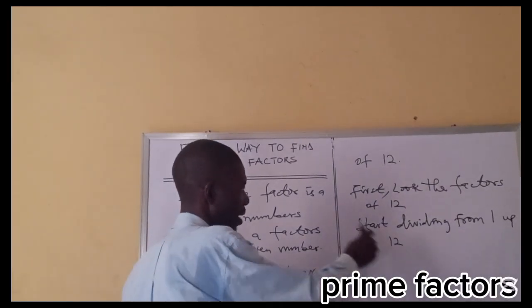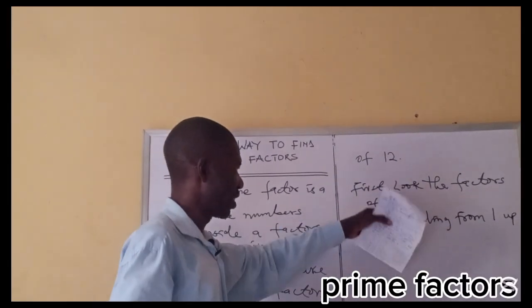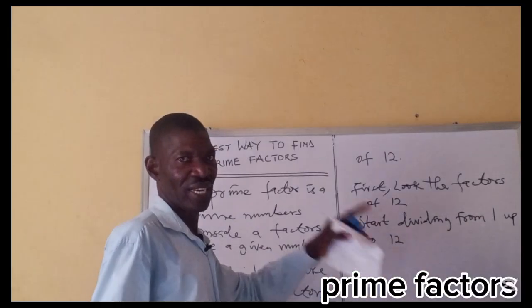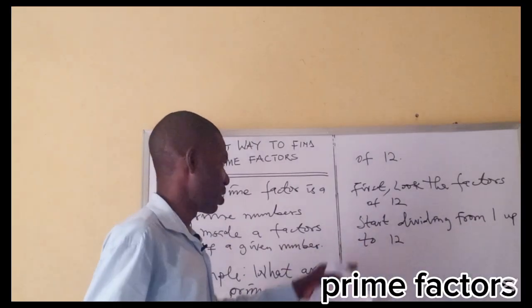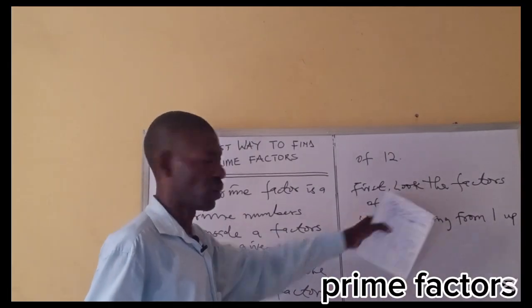Anyone that divides 12 without decimal places is a factor of 12.